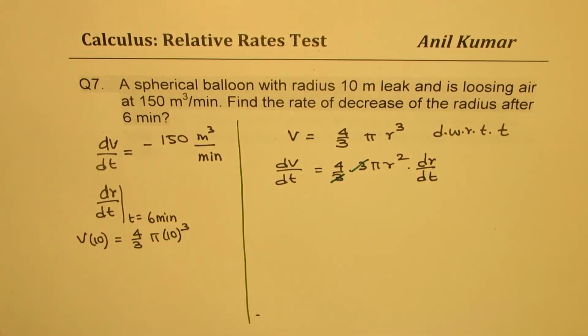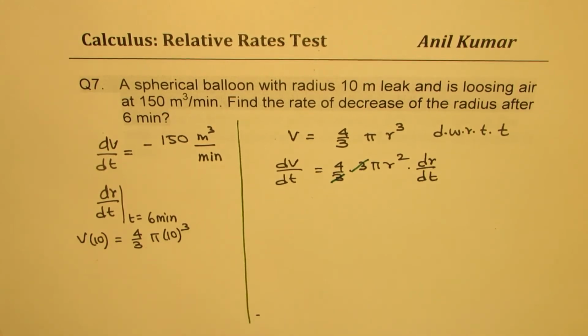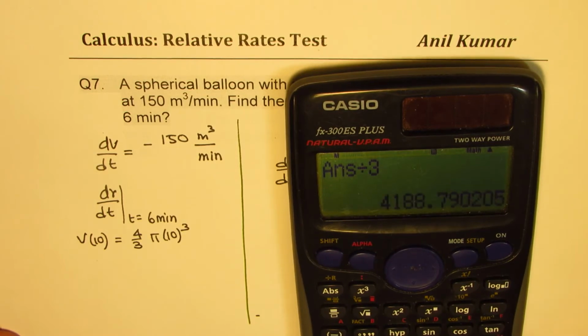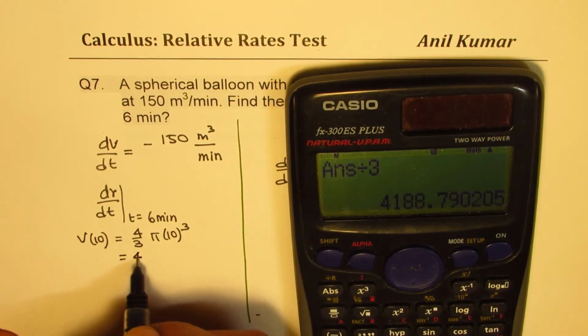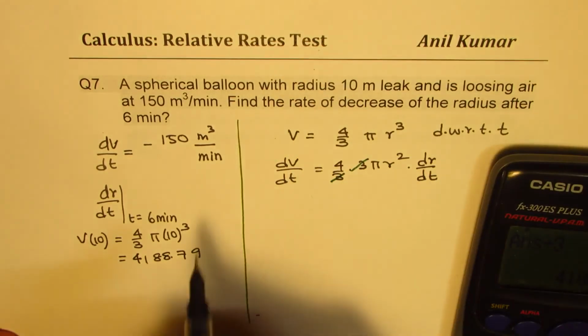Let's use the calculator: 4 times pi times 1000 divided by 3 equals, in decimals, 4188.79 meter cube.